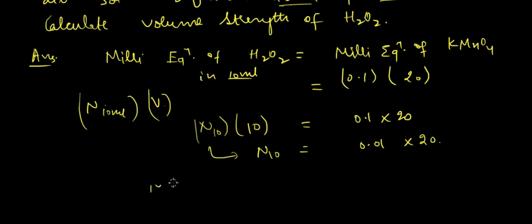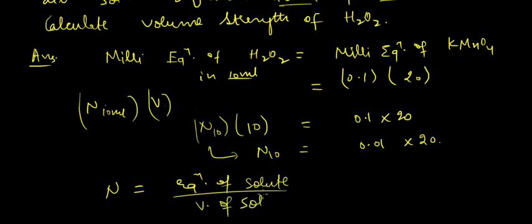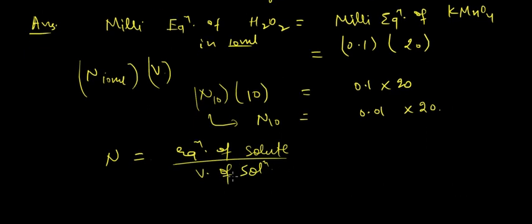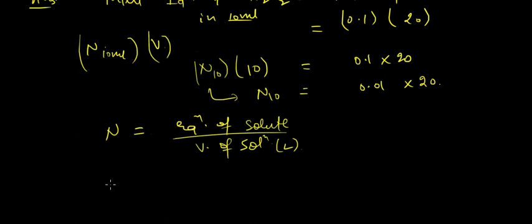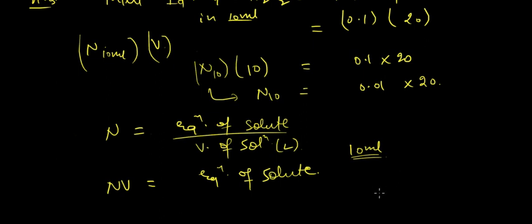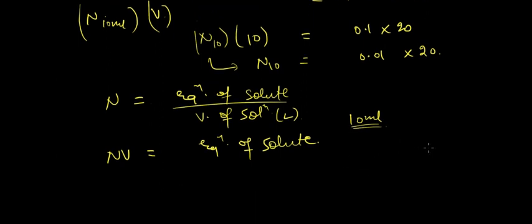So we know that normality is nothing but equivalence of solute upon volume of solution, in liter obviously. So N times V is the equivalence of solute. Okay, so the equivalence of solute in 10 ml solution, which is 20 times diluted.